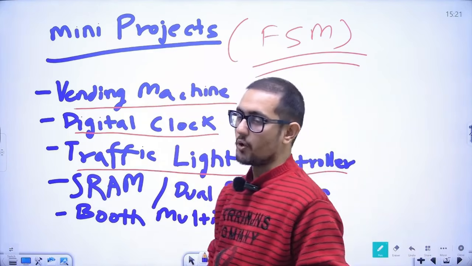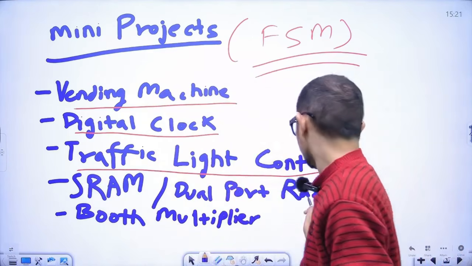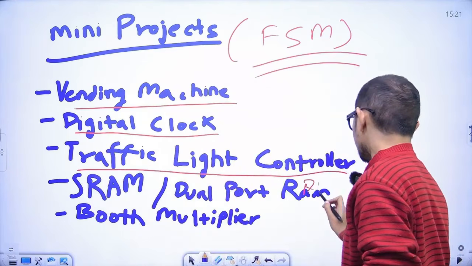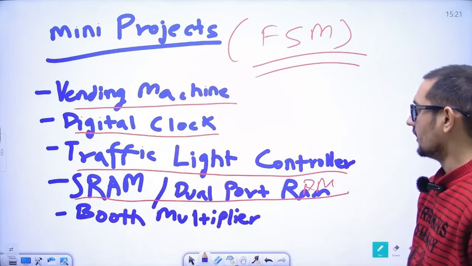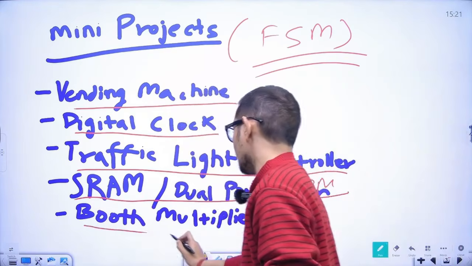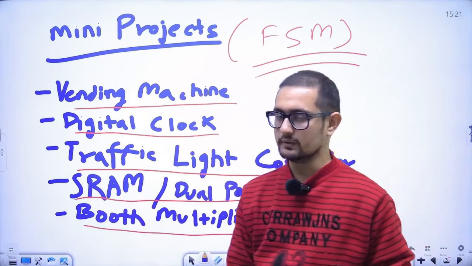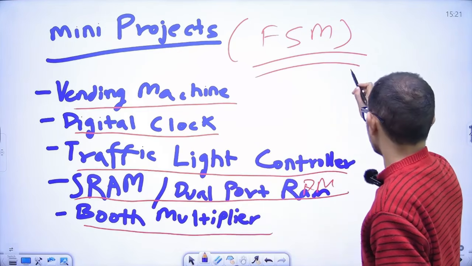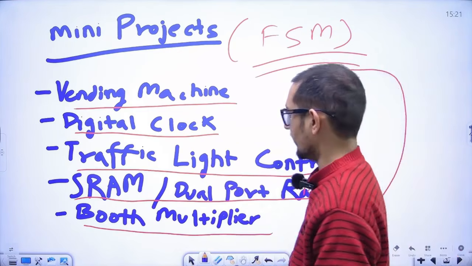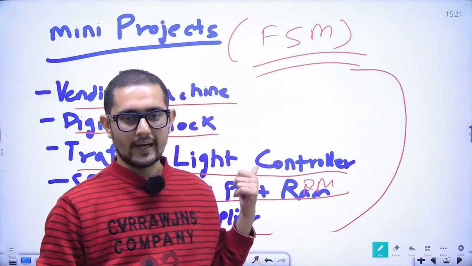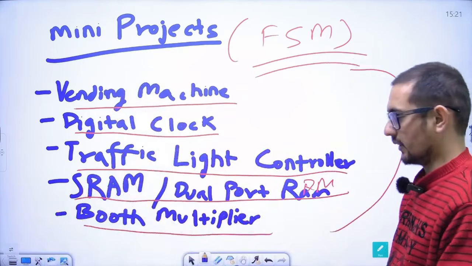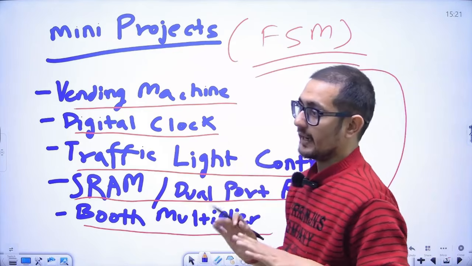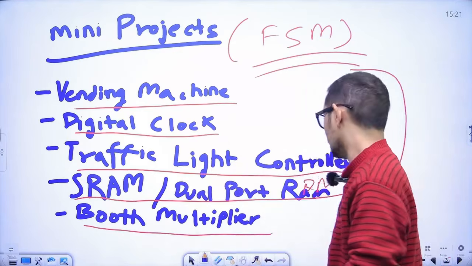We have the dual port RAM and single port RAM projects, this is also a very good project. Then Booth multiplier, this is an algorithm based project. These are some good projects for the beginning. I will suggest you do at least 2 to 3 projects before going for the major projects, and write at least 2 projects in the resume also.